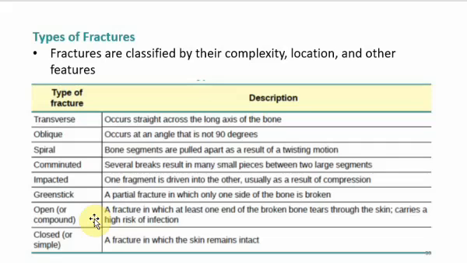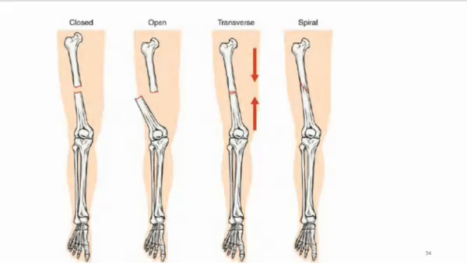But if we just have a breakage of a bone, but the skin around remains intact, the bones don't crash into the skin, we call that one a closed or simple fracture. So those are the various types of fractures based on their complexity, their location, and a few other factors. The images below demonstrate what I've just explained.